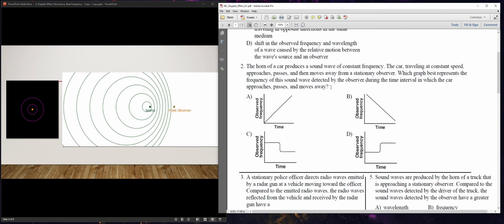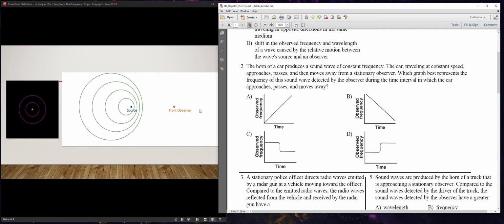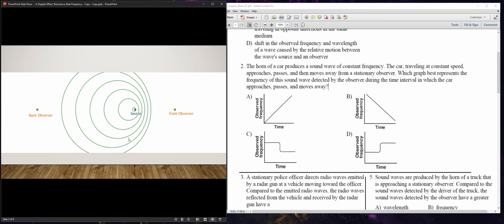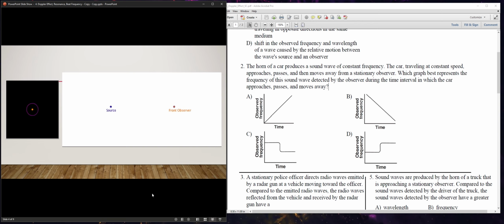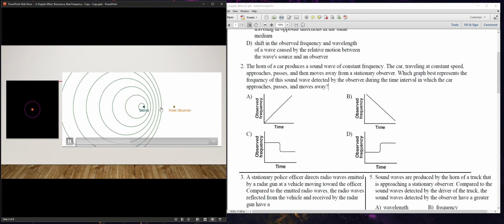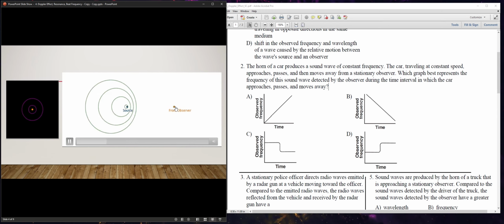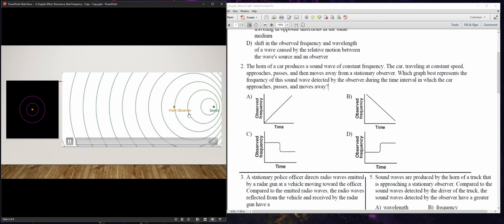Students can get tricked by this fairly easily. What most students will choose, well, they know that as the sound source moves towards the observer, the frequency is going to be greater, and as it moves away from the observer, the frequency is going to be lower.